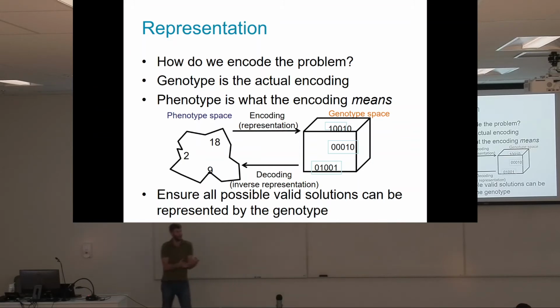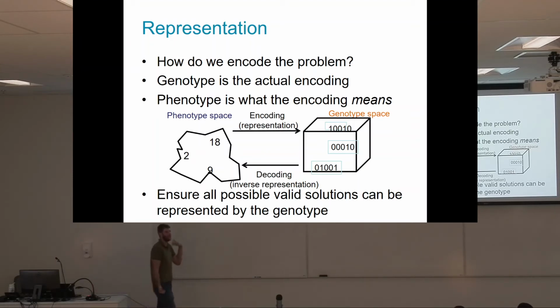But we might want to restrict it, like we were talking about, where maybe we can find another representation that has a constrained number of things it can be decoded to in the phenotype space, but that constrained one is a good subset, where it actually reduces the search space. So there's a happy benefit to that.